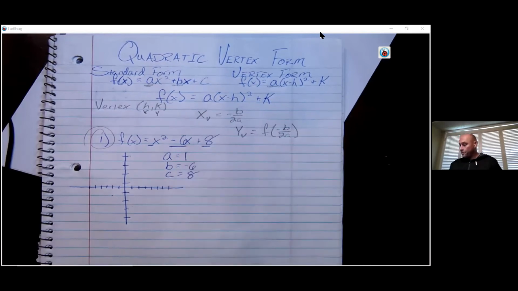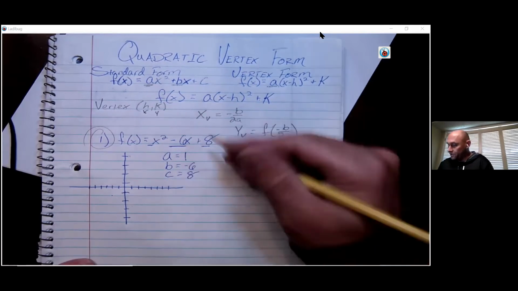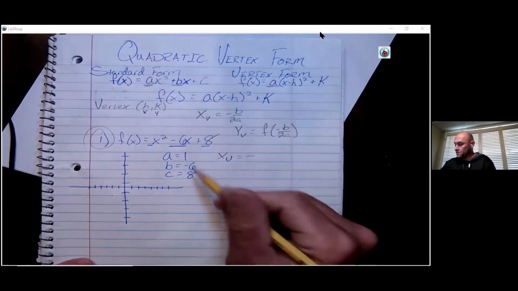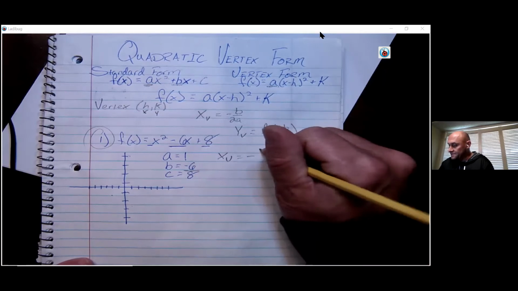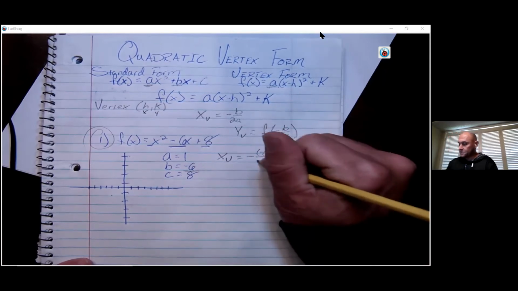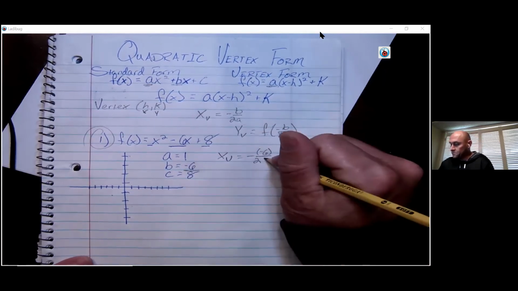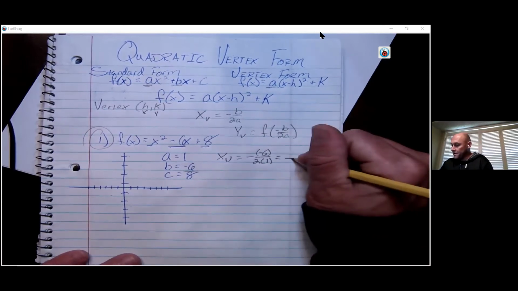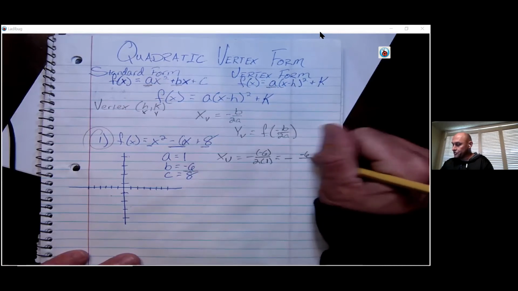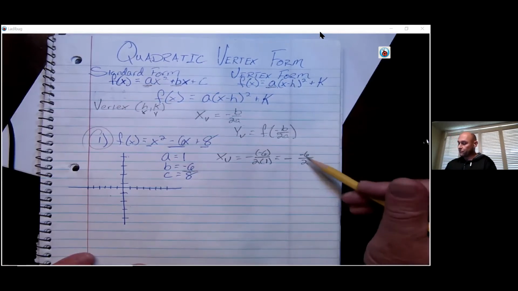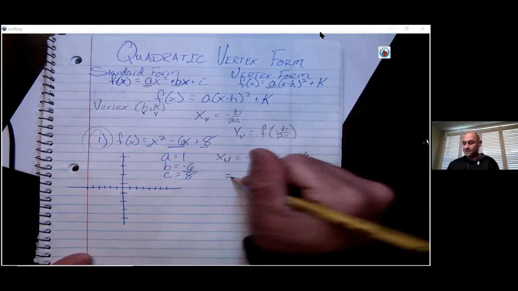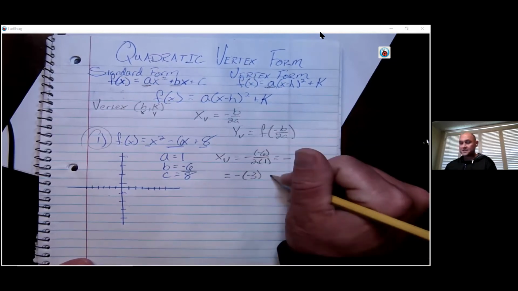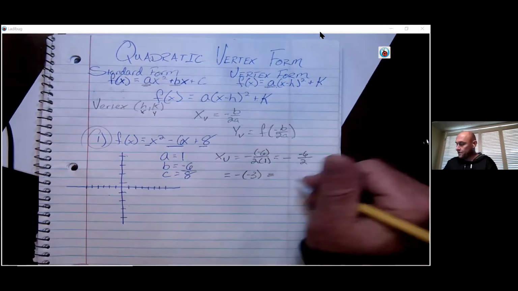Putting it into our formula, x sub v equals negative b, so that's negative negative 6, over 2 times a, which is 1. That equals 6 over 2, which is 3. So the x value of our vertex is 3.